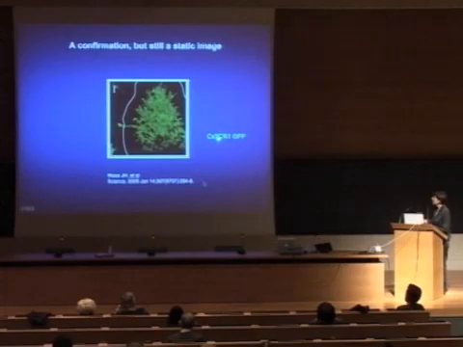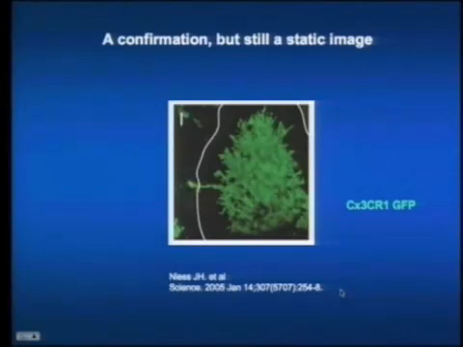CX3CR1 is a receptor for fractalkine, and they showed that mice lacking CX3CR1 also lacked this extension of the processes. So the first information was that someone else in the scientific community could reproduce our data, which was good, but still it was a static image.